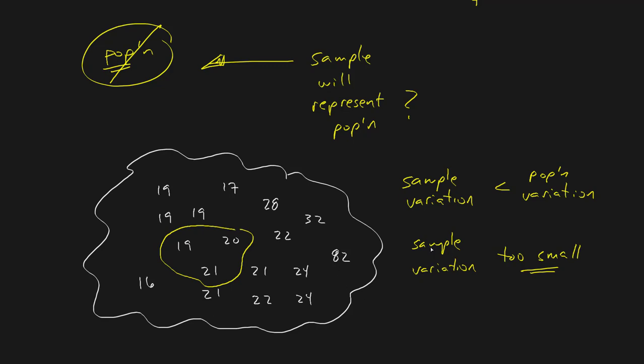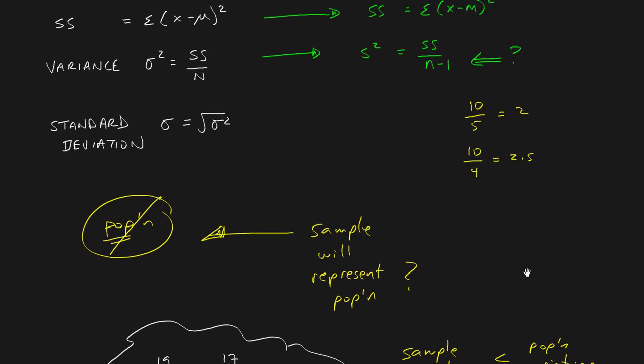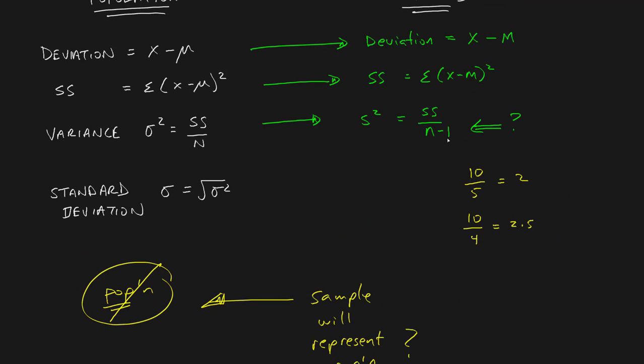If we know that there's that problem, that it's too small, well, we can easily correct for that. Let's go back up and have a look at what's going on in this fraction. What you do when you reduce the size of the denominator is you increase the value of your answer. So that's exactly what's happening here. By taking 1 away from the denominator, from having n minus 1 instead of n, we're taking this value, the sample variance, and we're boosting it up.